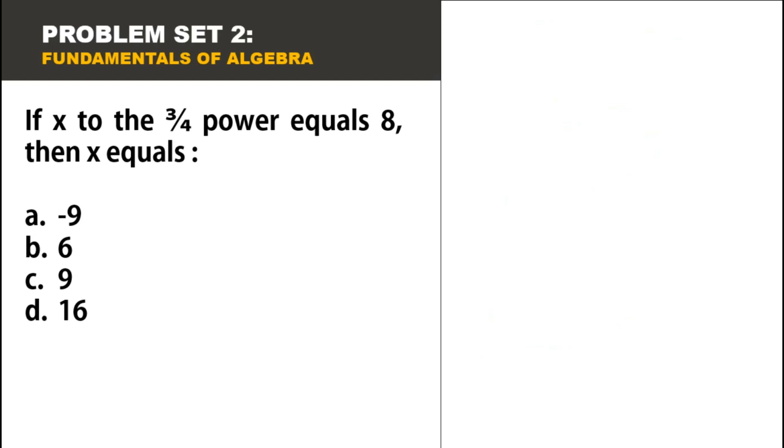For this problem, if x to the 3/4 power equals 8, then x equals what? To eliminate the 3/4, you need to raise both sides to the power of 4/3. This will be equal to exponent 1. So x equals 8 raised to 4/3.